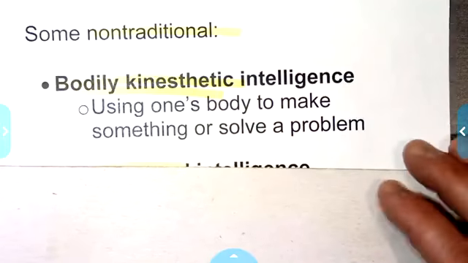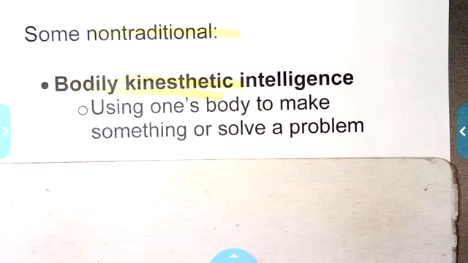We should be measuring what Gardner calls bodily kinesthetic intelligence. Now that's a term you don't use every day. What does that mean? Using one's body to make something or solve a problem. To be successful in the martial arts, you've got to be good at bodily kinesthetic intelligence.